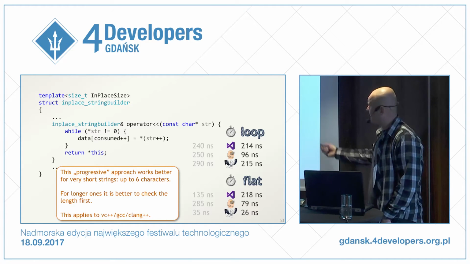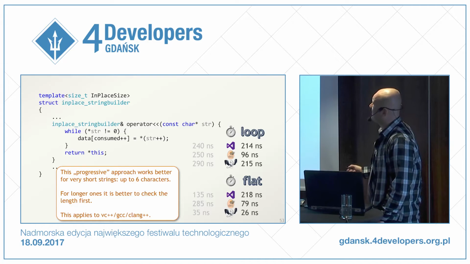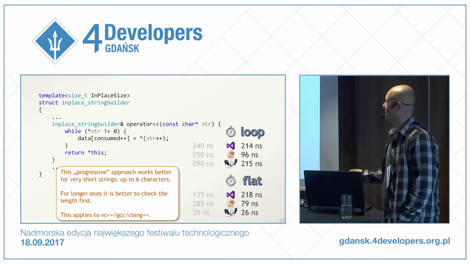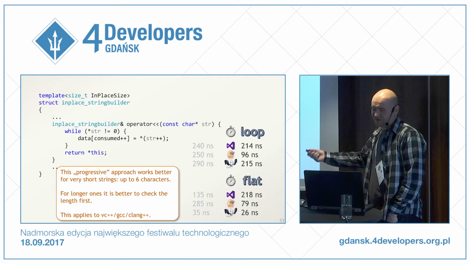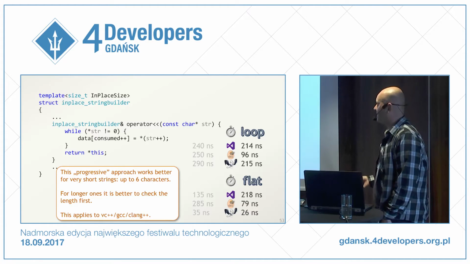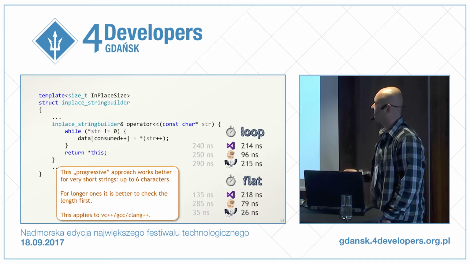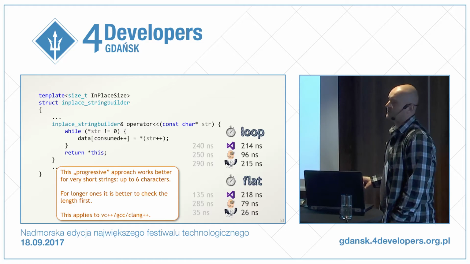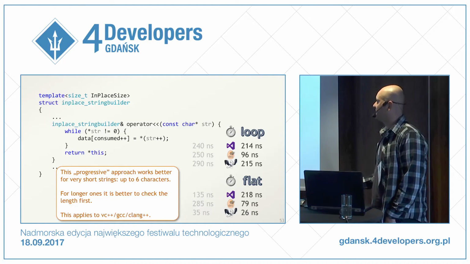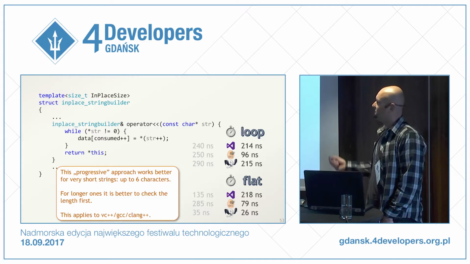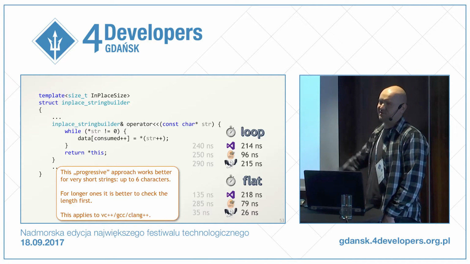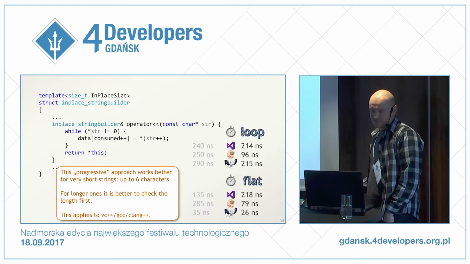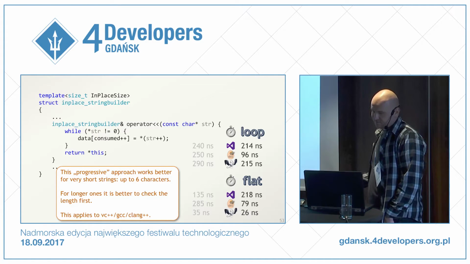When I tried to benchmark when it is faster than calling the length beforehand, I found out that this progressive approach, at least on this machine, works up to 6 characters. On stronger machines, even 4 characters. So it is not an option, at least if you just want to append few-character words. It's not the right solution.